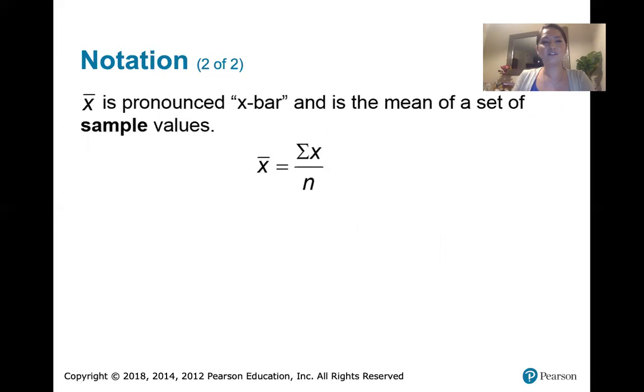So if you have some larger population that you're interested in, and then you randomly select n values from that population, and then you calculate their mean, the sample mean is denoted by this, and that X with that line segment above it, that's pronounced X bar, and that is equal to the sum of the X values divided by the total number of X values, which is the same as the sample size, lowercase n.